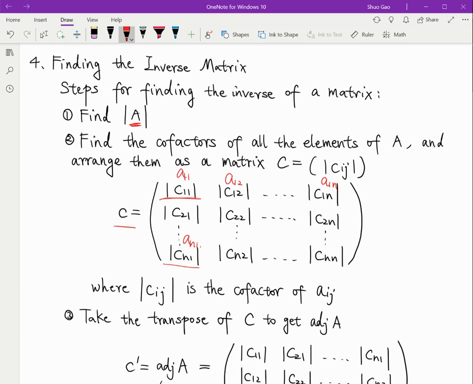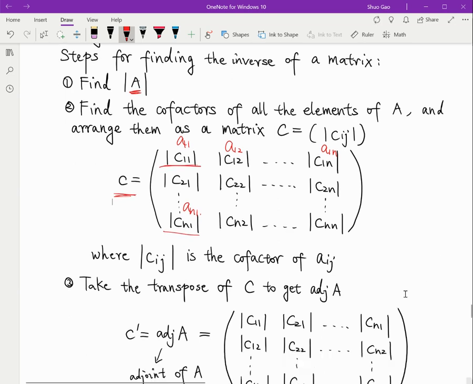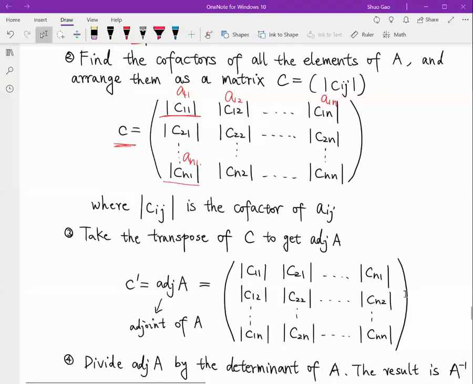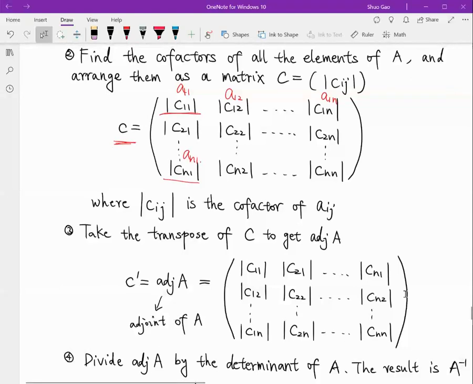We find all the cofactors and rearrange them into a matrix C. This takes a lot of time, because we have to find all the cofactors. And remember, the cofactor is just -1 to the power i plus j, times the minor M ij. So just C ij.